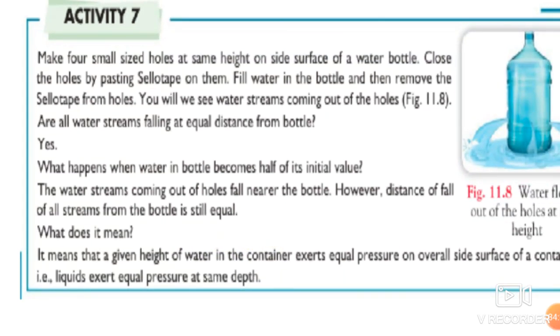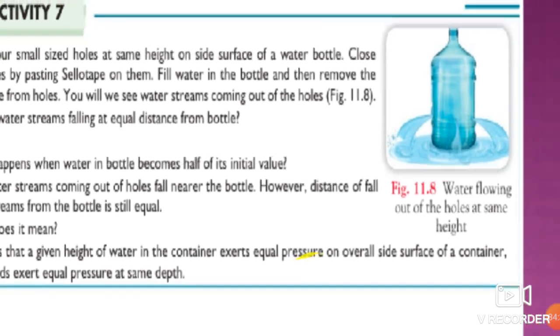See, students, these streams really do fall at an equal distance from the bottle. Why is this so? What happens when the water in the bottle becomes half of its initial level? The water streams coming out of the holes fall nearer the bottle.